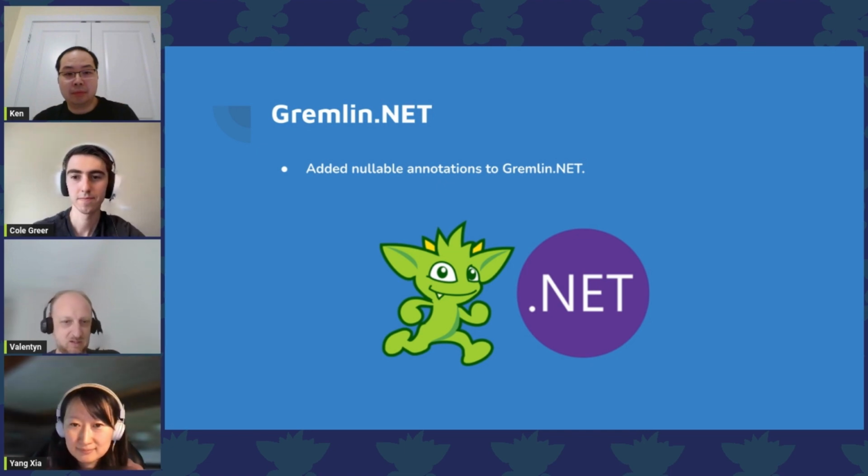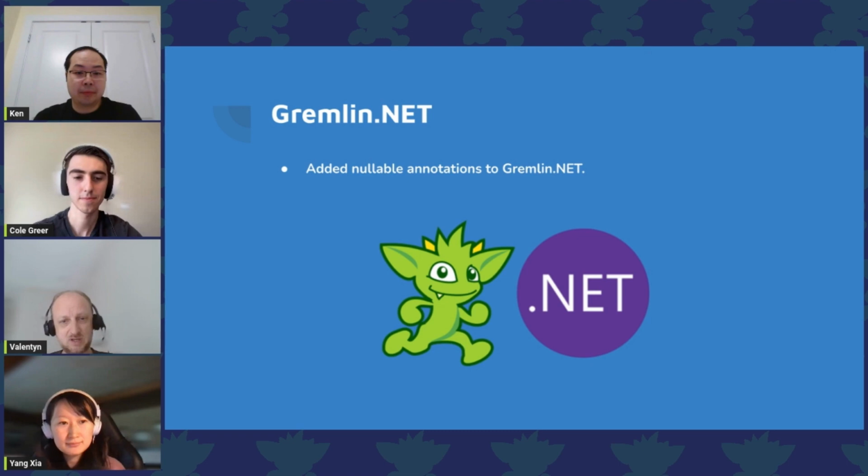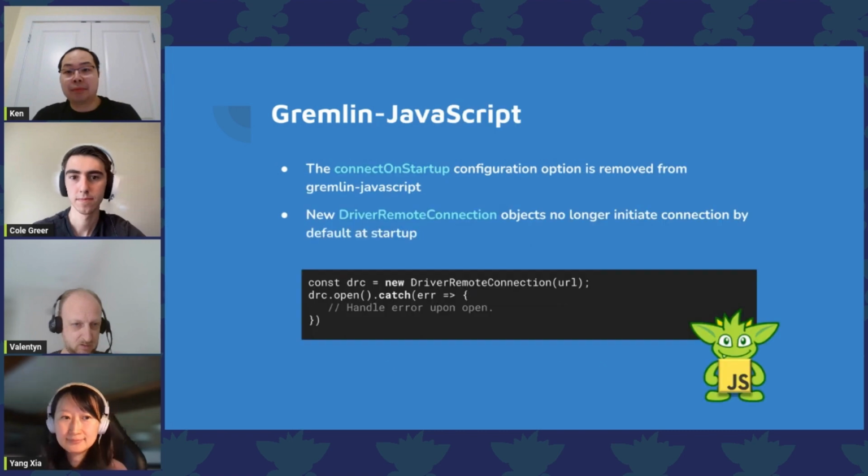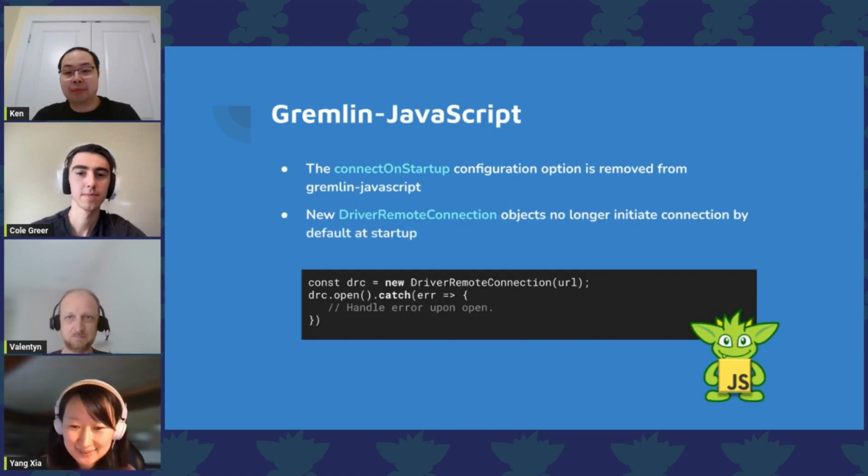Now Gremlin.net uses nullable annotations to state whether an argument or return value can be null or not. This should make it much less likely to get a null reference exception from Gremlin.net. And I would like to hand over to Yang.